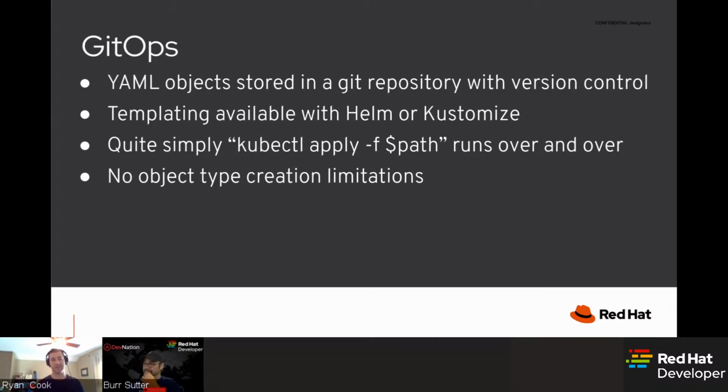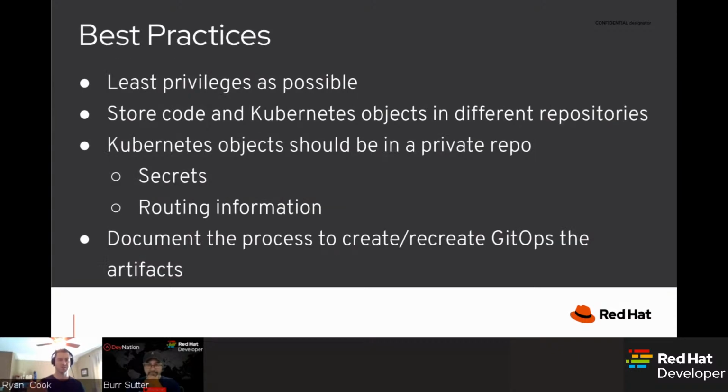And the last thing is with GitOps, there's no object creation limits. So you can do everything from your YAML for authentication, machine sets, or anything that you can think of, you can shove in GitOps.